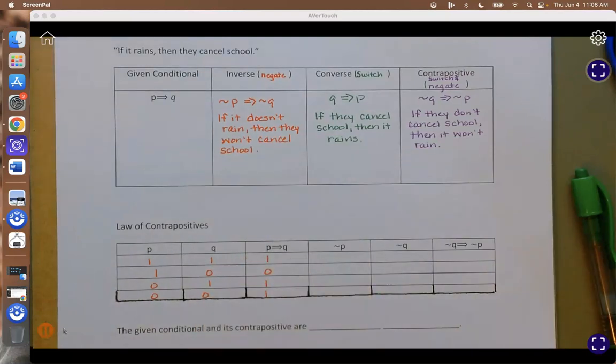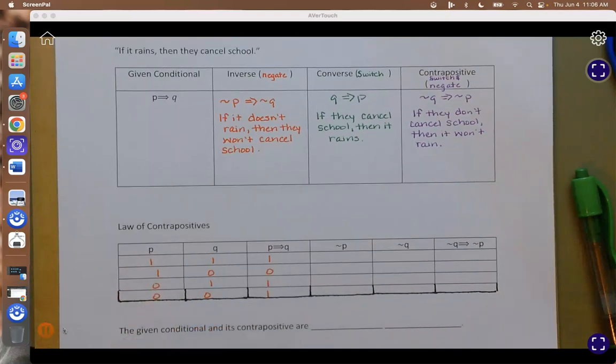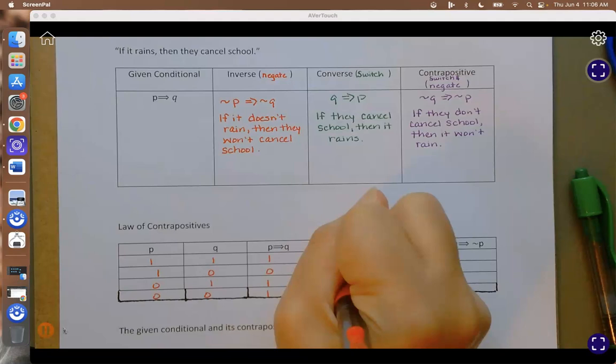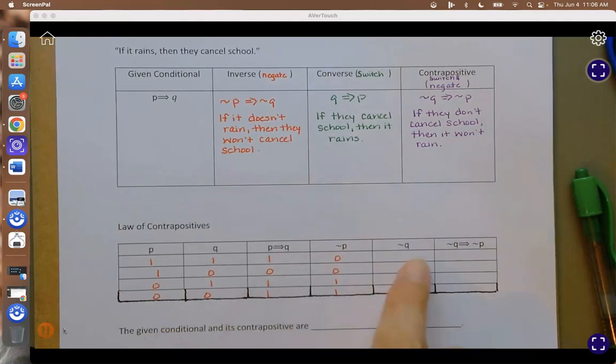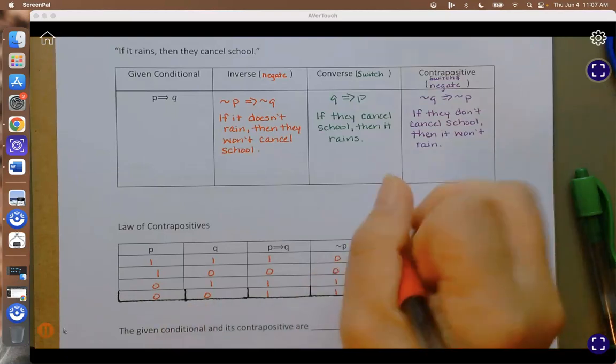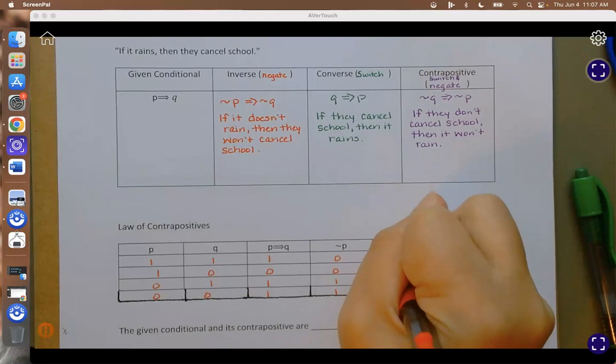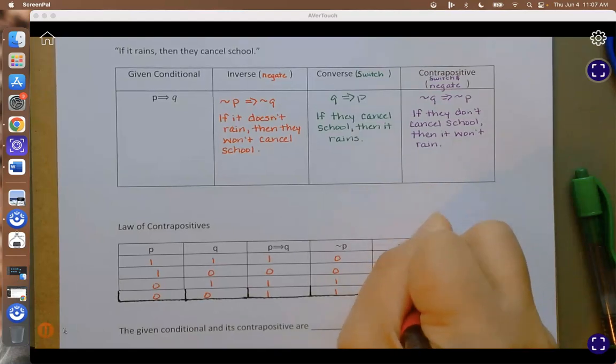Okay, now this one says not P, so we need to change all of our P's. This one says not Q, so we change all of our Q's. So that's 0, 1, 0, 1.